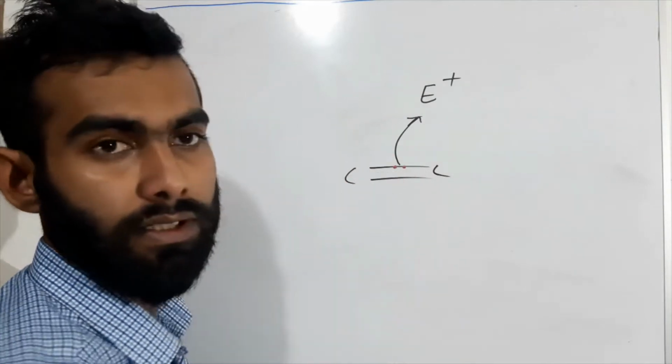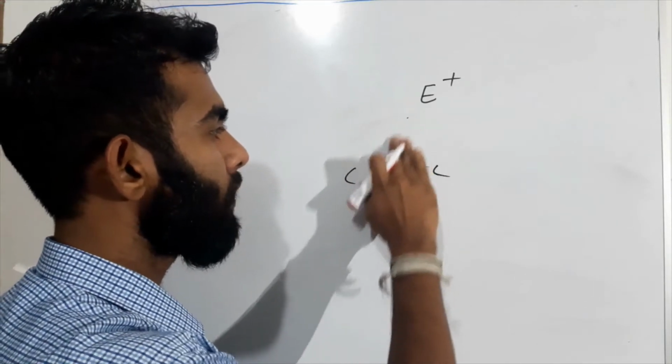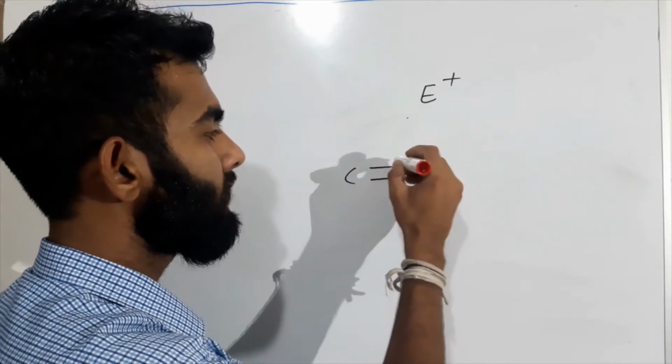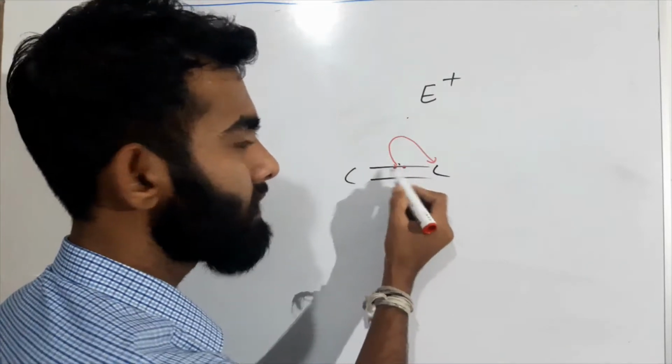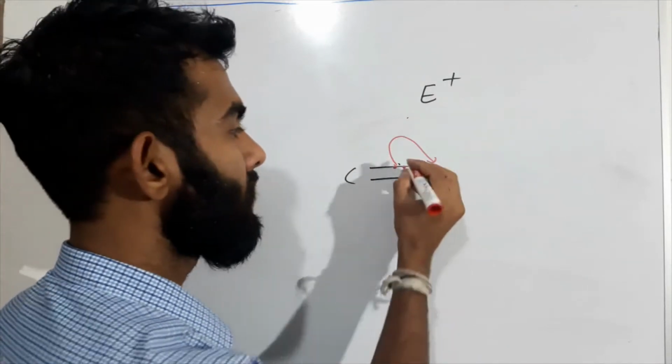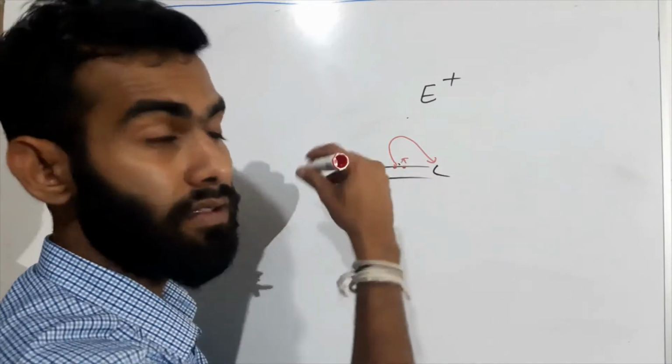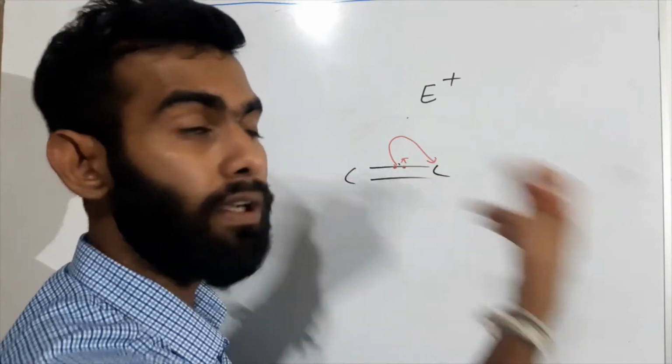What happened in this reaction? First of all, both of these electrons will go to one carbon by cleavage of this carbon-carbon pi bond, heterolytic cleavage.